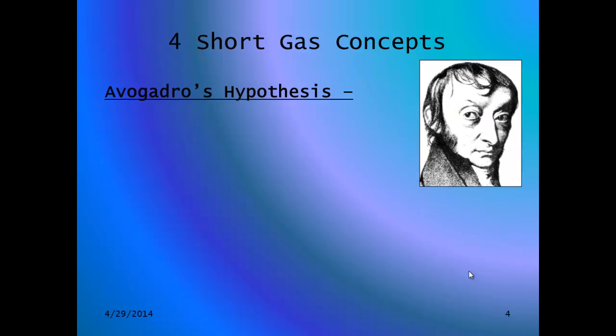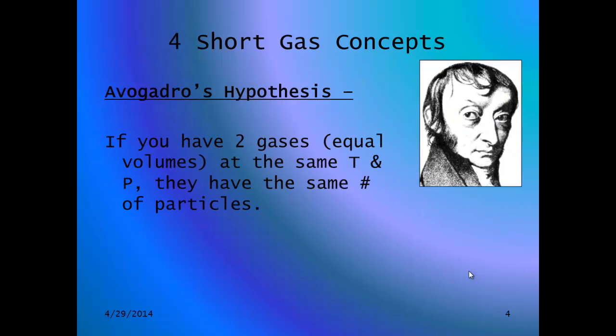Avogadro's hypothesis says that if you have 2 gases of equal volumes at the same temperature and pressure, then they have the same number of particles. This should make sense if you just take a little bit of time to think about the 4 gas law variables that we have. This statement says that you have 2 gases that have equal volumes, so volume is constant. They also have the same temperature, so temperature is constant, and pressure is constant.